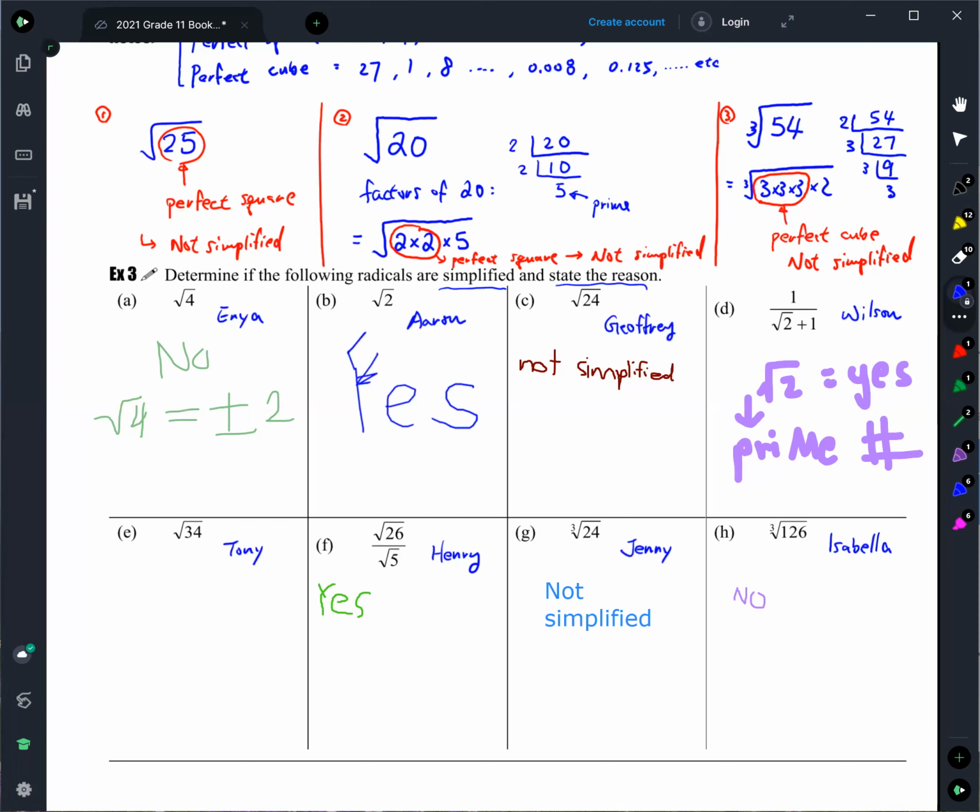Just think about yes or no. Is there a perfect square hiding inside? If it's simplified, then you cannot have any perfect square inside. If you're able to find a perfect square inside, then it's not simplified.